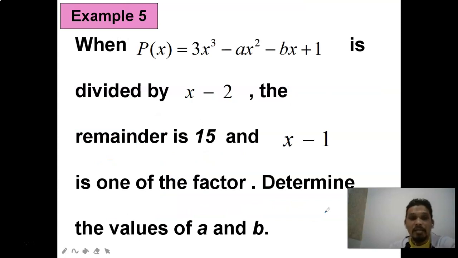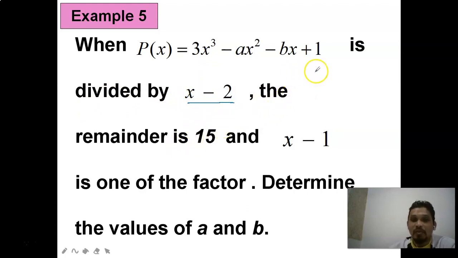Okay, then next question here. When P(x) equal to 3x cubed minus ax squared minus bx plus 1 is divided by x minus 2, then the remainder is 15.